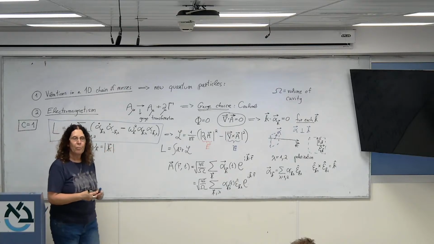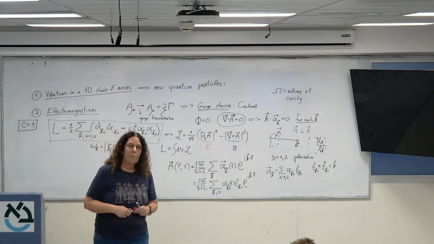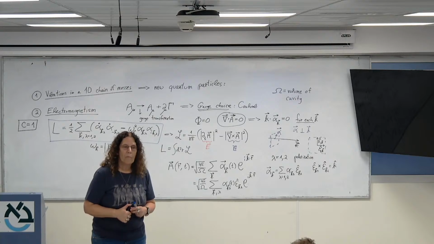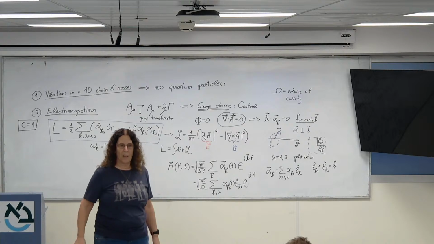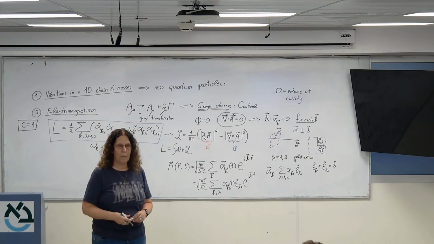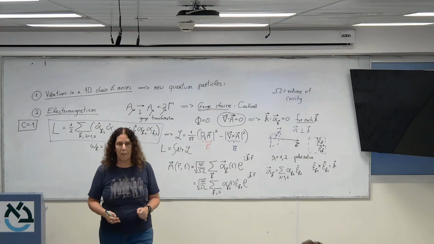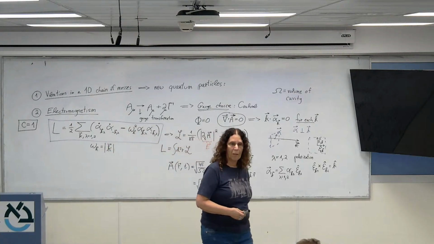Why do you have one term of alpha of k and just multiply by alpha of minus k? Because it's exactly the same thing that we discovered last week with the case of the phonons.